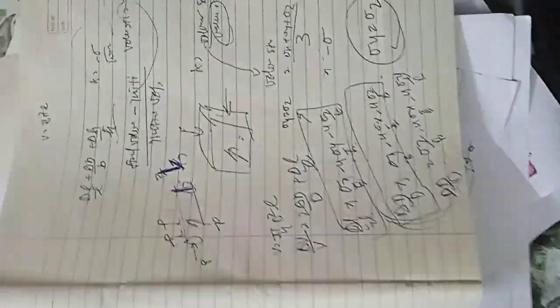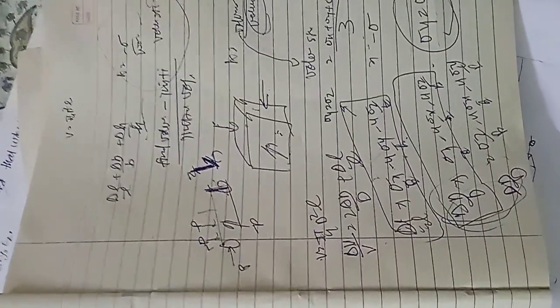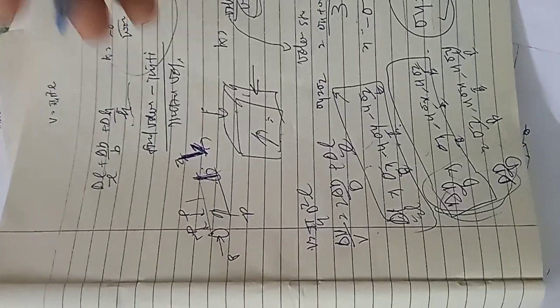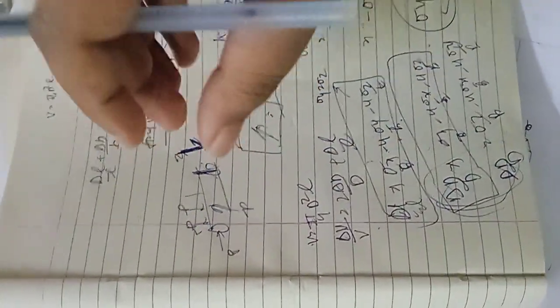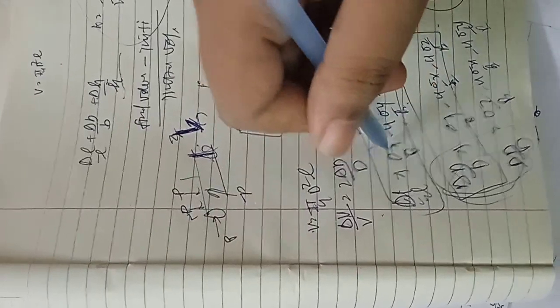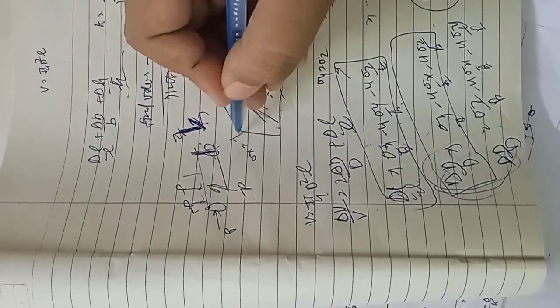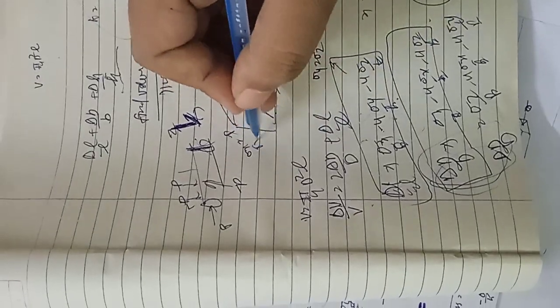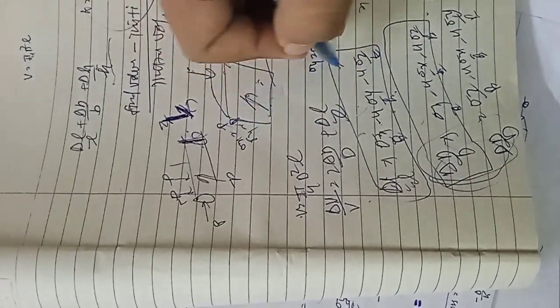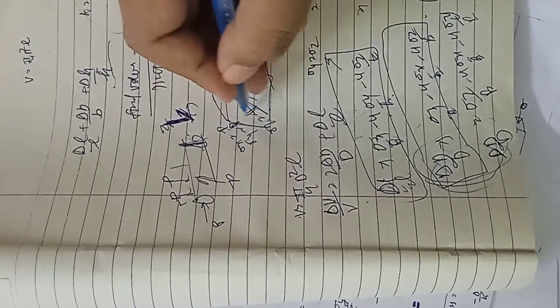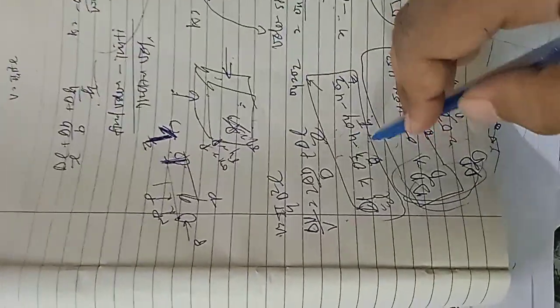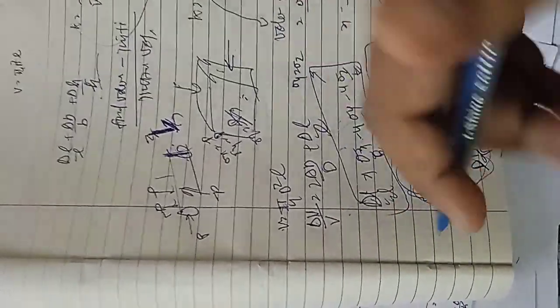You will find the volumetric strain if the cylinder is placed inside water, and the value of sigma x is equal to minus p, sigma y is equal to minus p, and sigma z is equal to minus p. So of course minus minus will become plus.